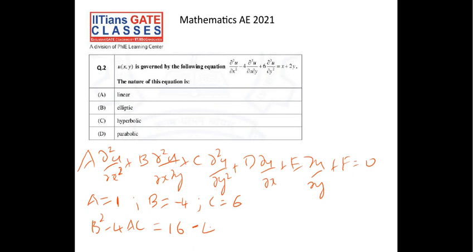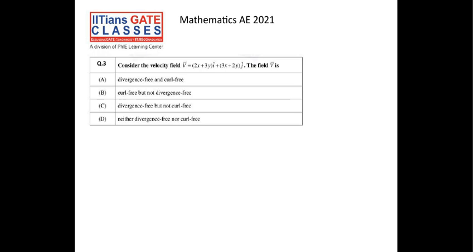This comes to minus 4 square is 16, minus 4 into a is 1, into c is 6. The final value comes to minus 8, which is negative. And since this determinant is negative, the function is elliptic. So the correct option is B. Moving on to the next question.